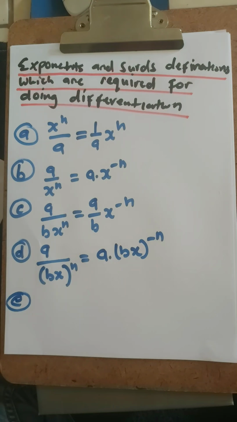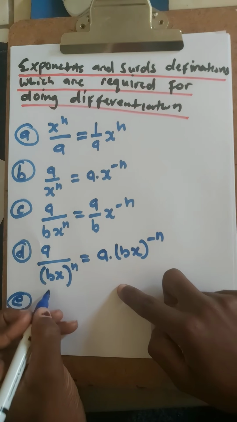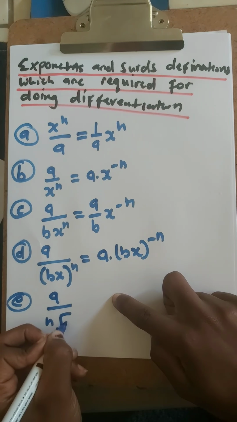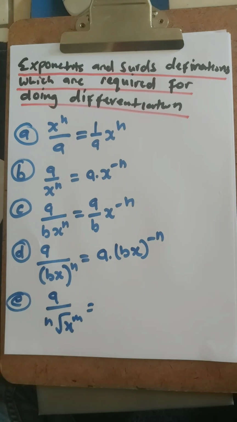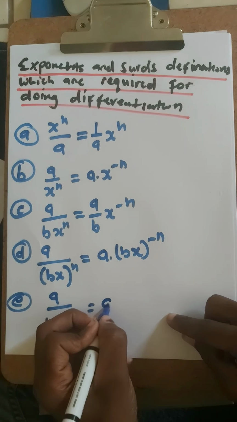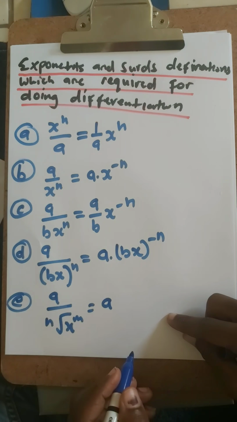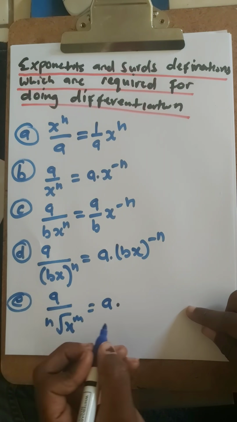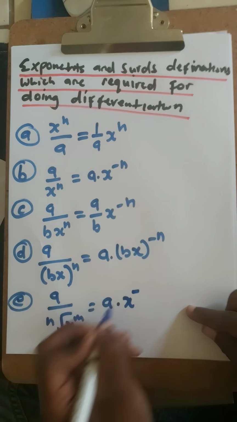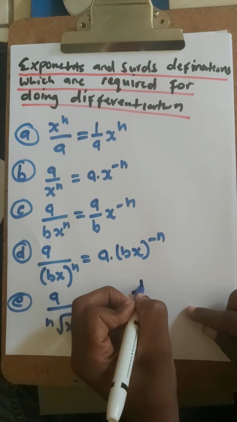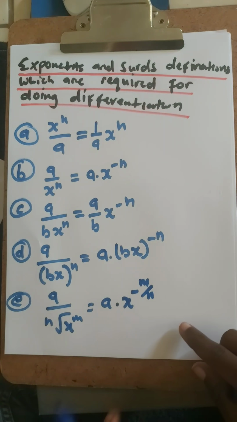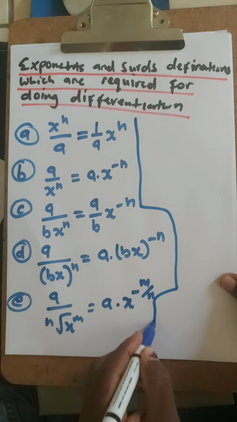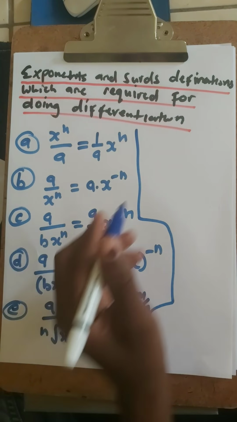Let's check e. I have something including the sets, n x to the exponent m, the square root. I can write a over a multiplied by x minus m over n. Then it's very easy for me to differentiate something like this.